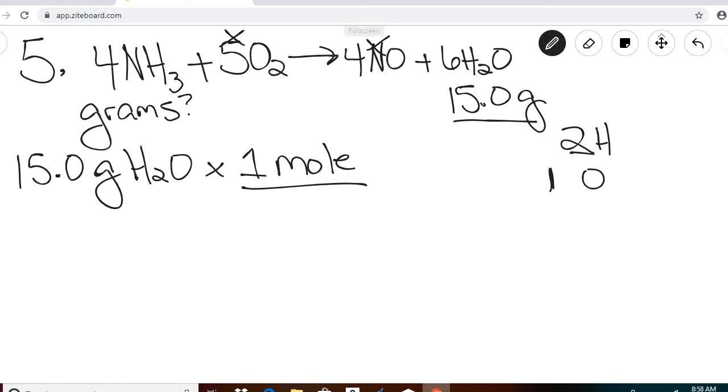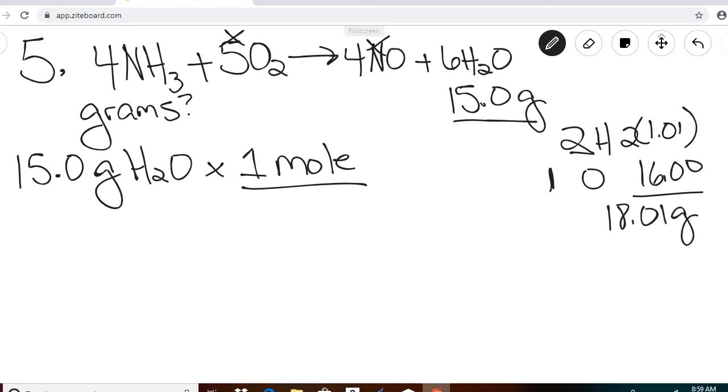So it'll be 2 times 1.01 plus the 1 oxygen is 16. So for water, it's 18.02. Yeah, it should be 18.01 grams in a mole. And I think I did my math wrong here. So 18.01 grams is in a mole of water.